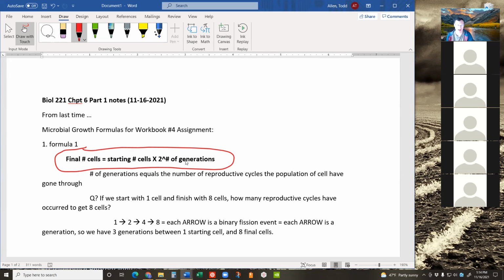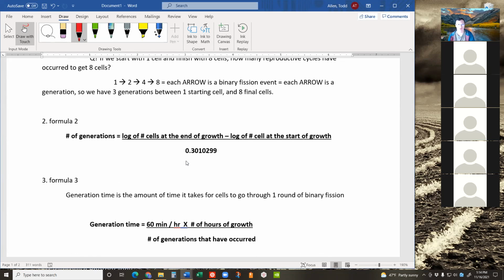But doggone it, I don't know the number of generations. Well, I have a formula for the number of generations, but to do that, I have to already know the number of cells at the end of growth, and I don't know this. Which means I cannot use this formula to figure out anything for this problem.